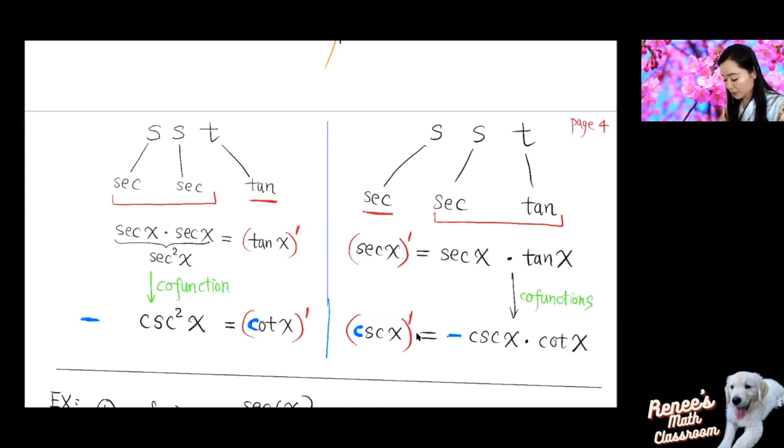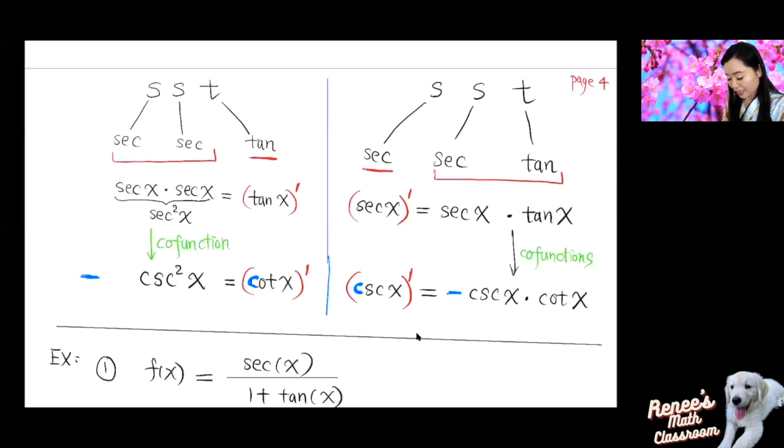Now what about the derivative for secant x? The derivative for secant x will be secant x times tangent x over here. You're trying to find the derivative of secant x, then you go over here, you see it is secant x times tangent x right here. Okay, so that will help you remember the derivative of these two functions, the SST trick I share with you.